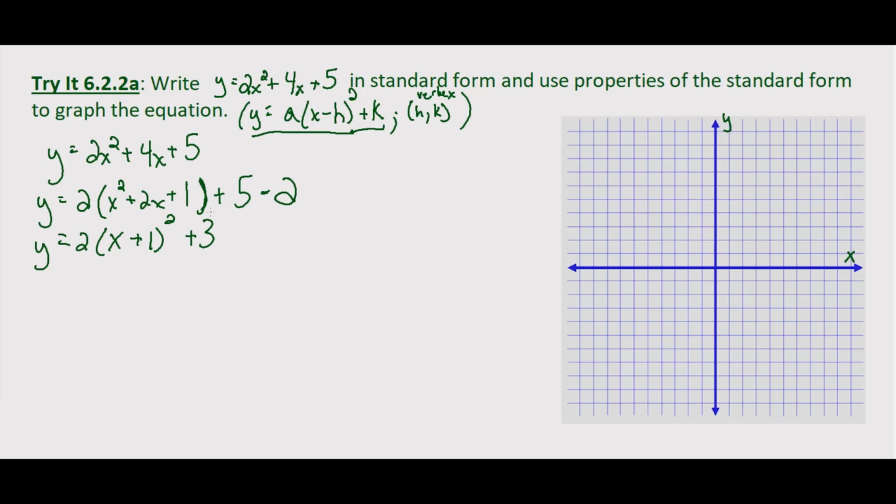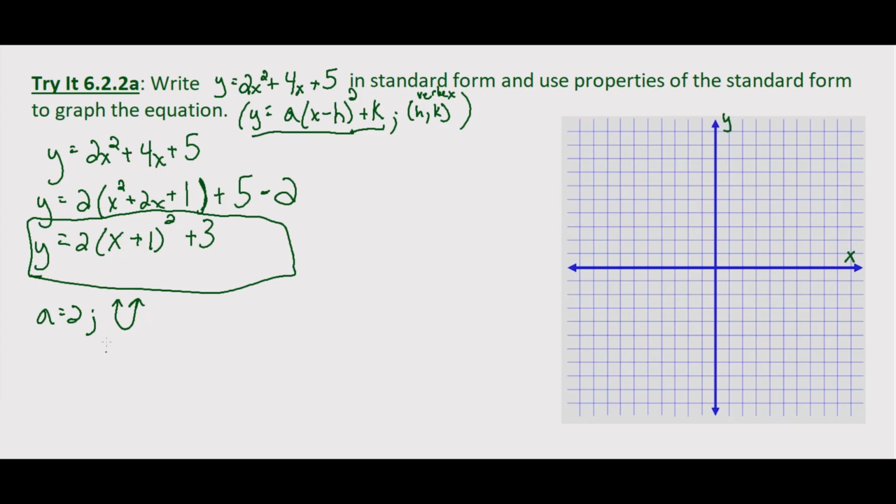So now remember we said that (h, k) is our vertex. We're going to use that here in just a second. Let's go through in order like we normally do. Here is the equation in standard form. So what is a? a equals 2, and that means the parabola opens up because a is greater than 0.